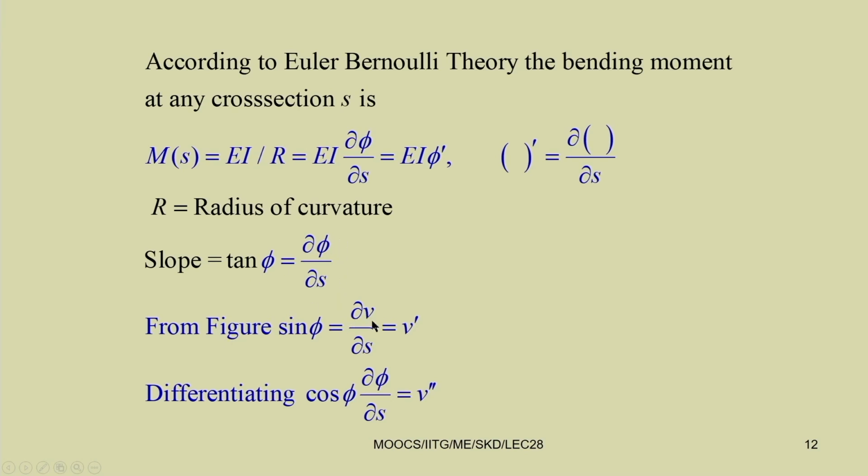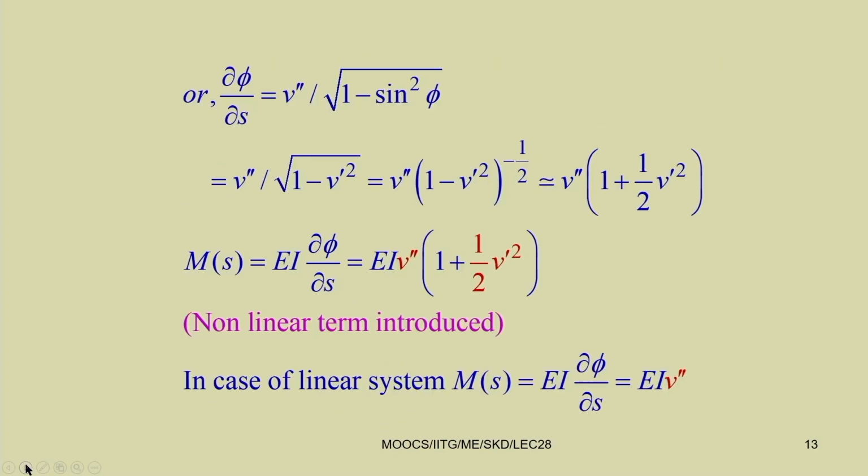So, slope equals tan phi equals del phi by del S. From this figure we have already written sin phi equal to V dash. Differentiating this, we can write cos phi into del phi by del S equal to V double dash. So, tan phi equals del phi by del S equals V double dash by root over 1 minus sin square phi, since tan phi equals sin phi by cos phi.